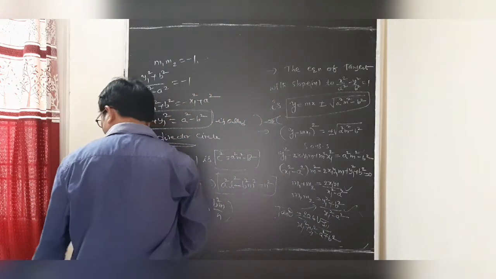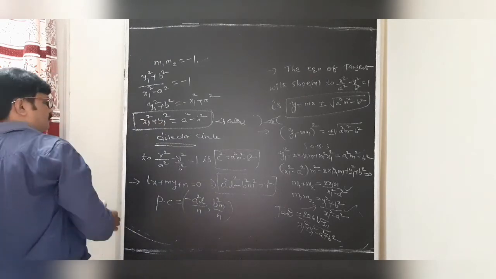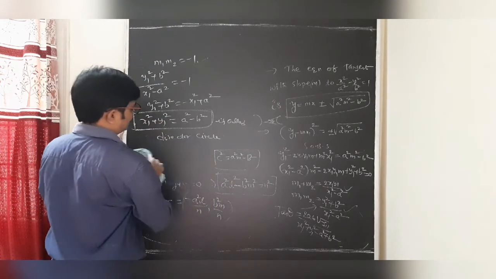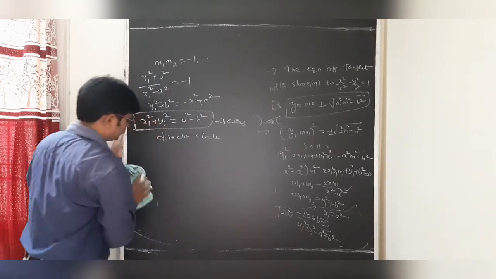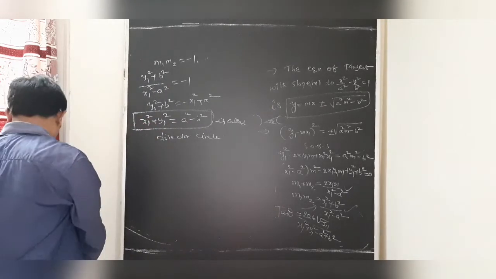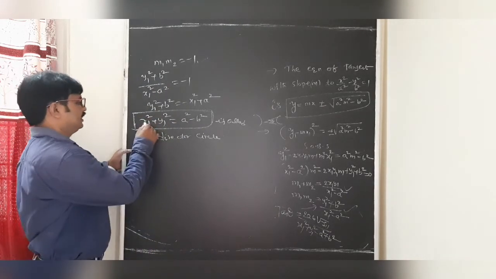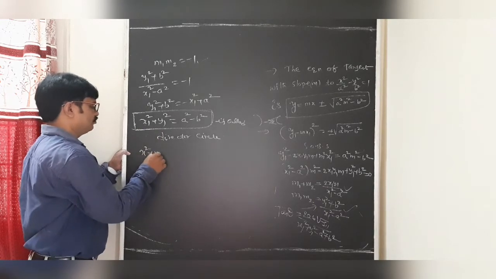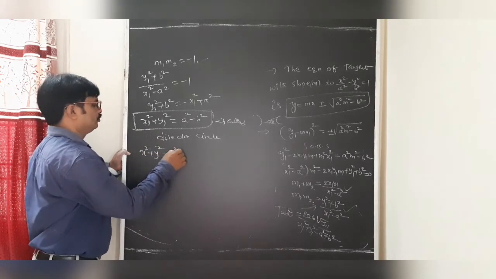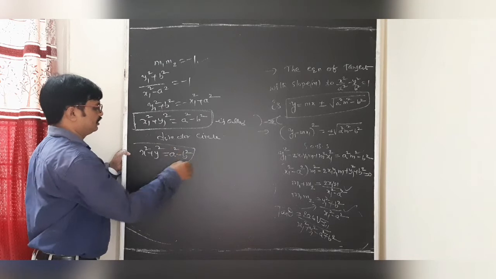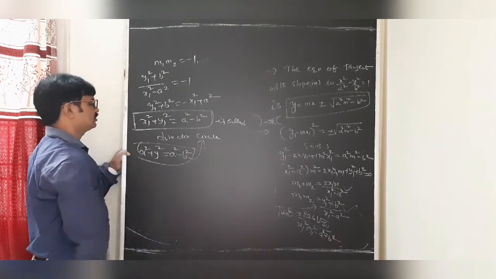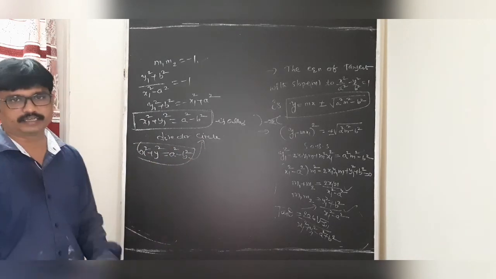The equation of the director circle is x square plus y square equal to a square minus b square, and this is the locus.